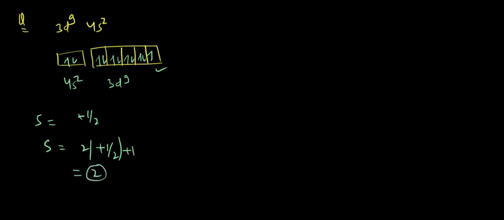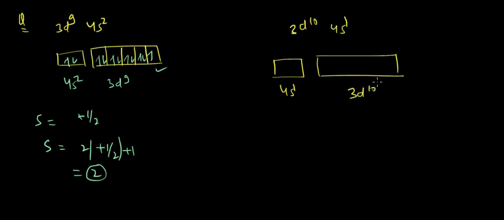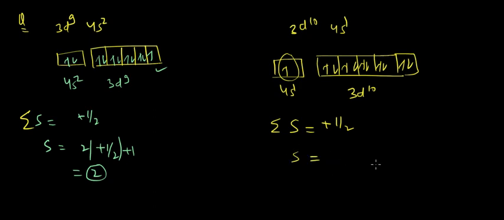And if we see the same for 3d10 and 4s1, we would have 4s1 here and 3d10 here. Again, the spin multiplicity would be determined by this plus half, the rest cancelling each other out. This is the summation of spin, and the spin multiplicity would be 2 times the summation of spin plus 1, which would again give us 2. So the spin multiplicity in both cases is equal.